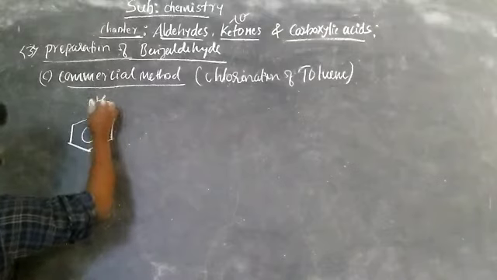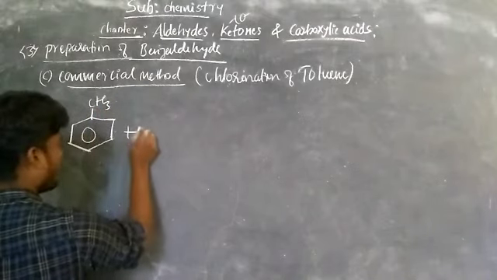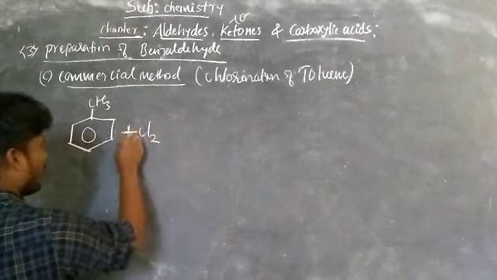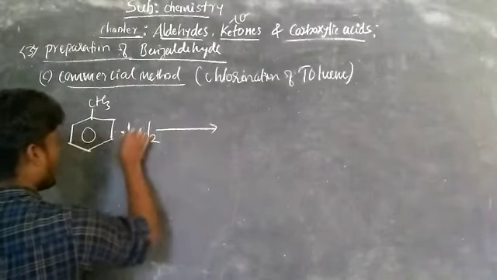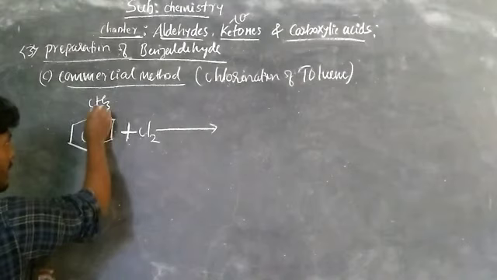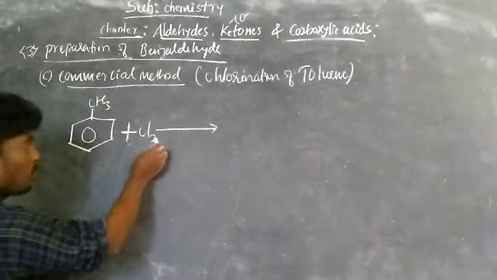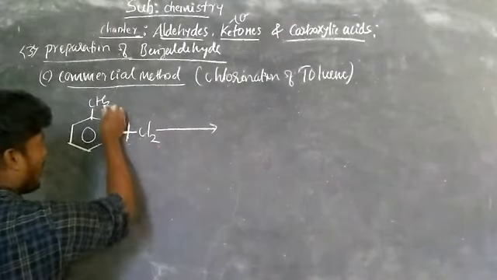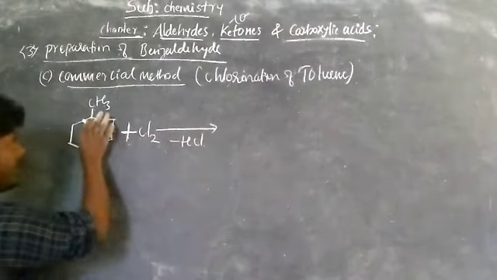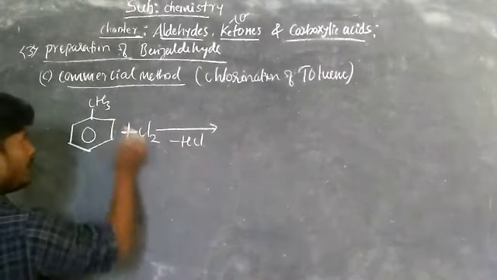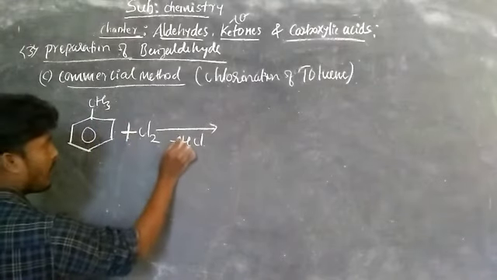CH3. This toluene is treated with chlorine, chlorine gas. On heating, this CH3 becomes CH2 with one H lost and Cl becomes HCl. Of the 3 hydrogens, 2 hydrogens and 2 chlorines are removed as 2 HCl.